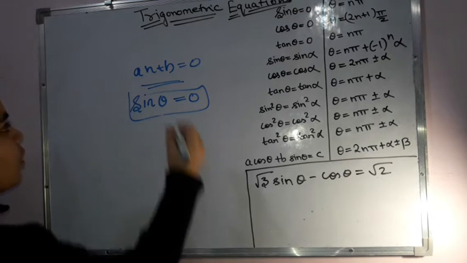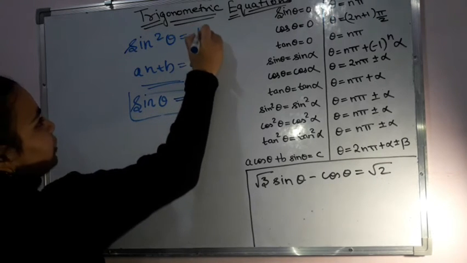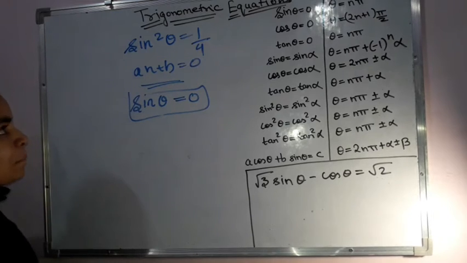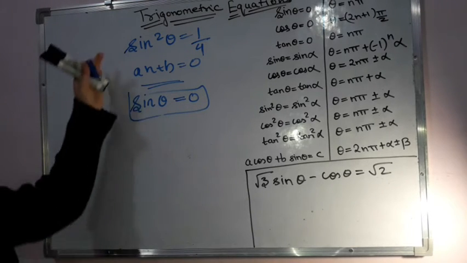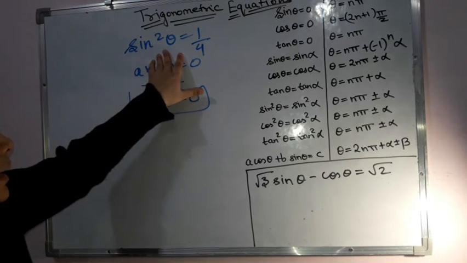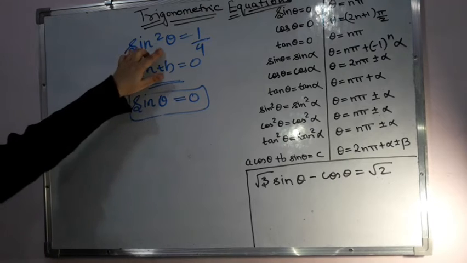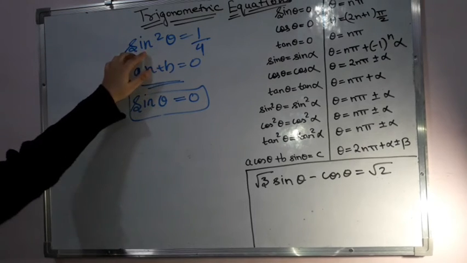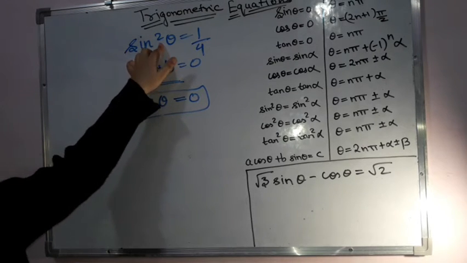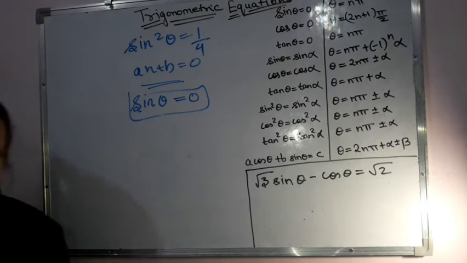If I have, let us assume, sine square theta is equal to 1 by 4, then this becomes my quadratic equation, because the highest power of the variable is 2, and so it becomes my quadratic equation. Similarly, I'll be having my cubic equations.